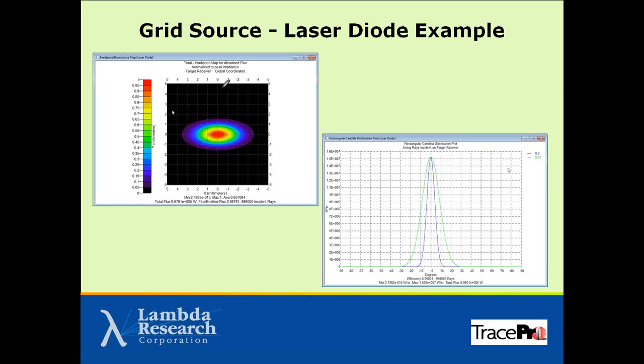We see an irradiance map here, and the elliptical profile resulting from our definition using the Gaussian half-widths. We also see our beam profile, where it's narrower in one axis than in the other. So it is a good way to model, say, the output of a laser diode.